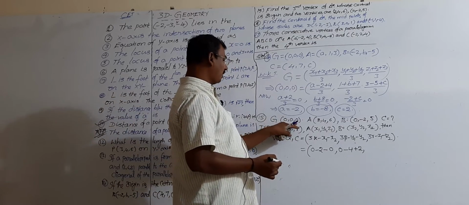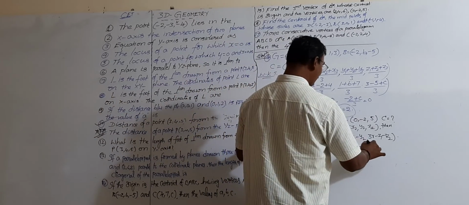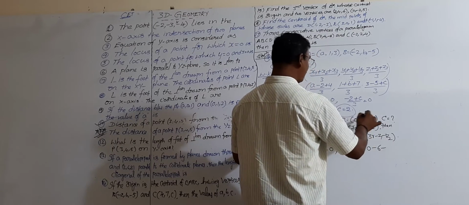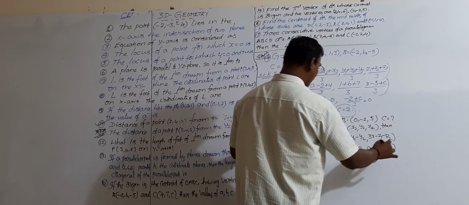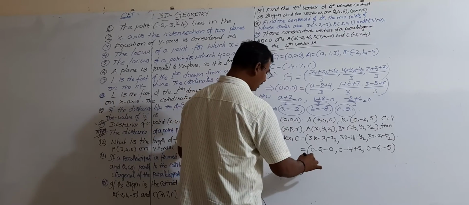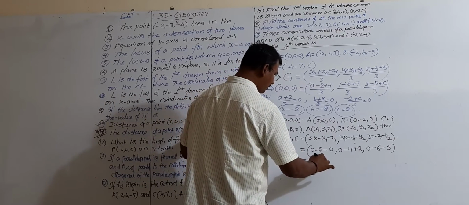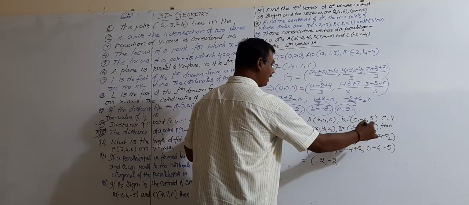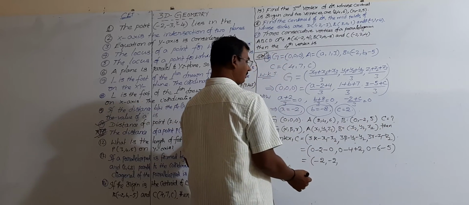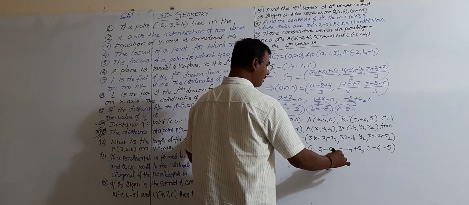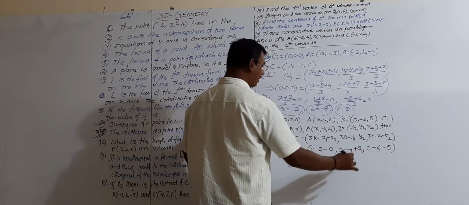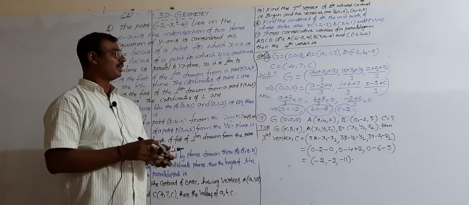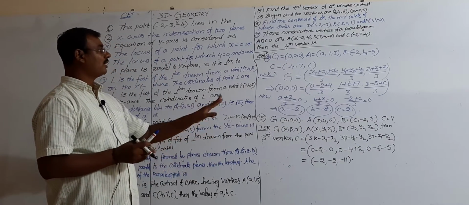And 3 gamma, 3 into 0, 0 minus z1 which is 6, minus z2 which is 5. Simplifying, we get minus 2, minus 4 plus 2, minus 2, minus 6, minus 5, minus 11. So, this is the third vertex of triangle ABC if the centroid and two vertices are given.